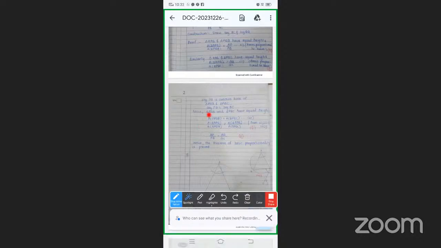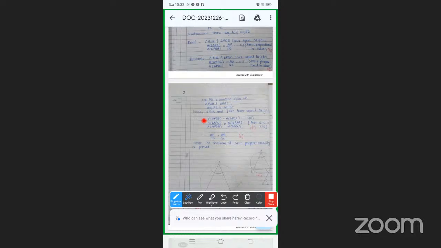That is, triangle PQB and triangle PQC have equal heights. If their bases are equal and heights are equal, the areas are also equal. Means area of triangle PQB is equal to area of triangle PQC.